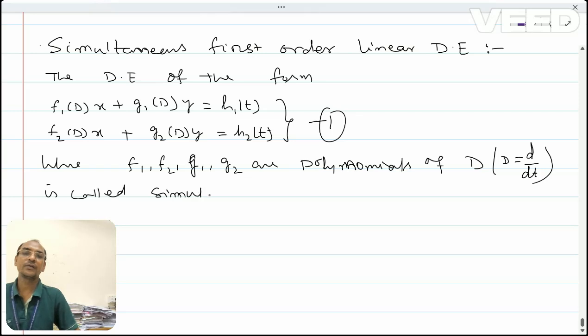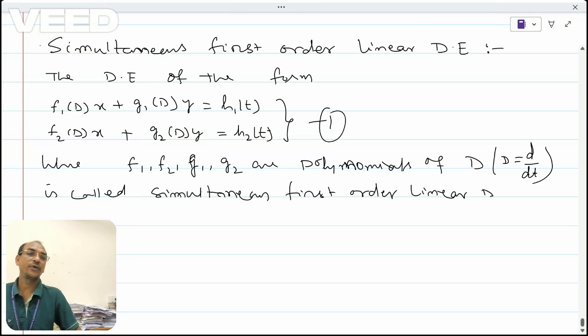is called a simultaneous first order linear differential equation.